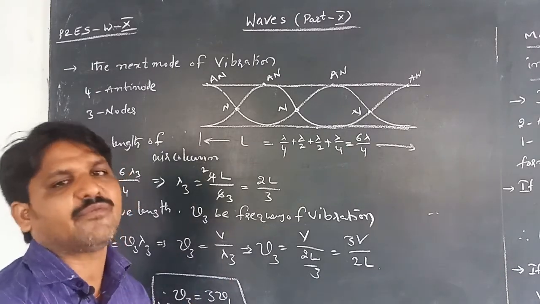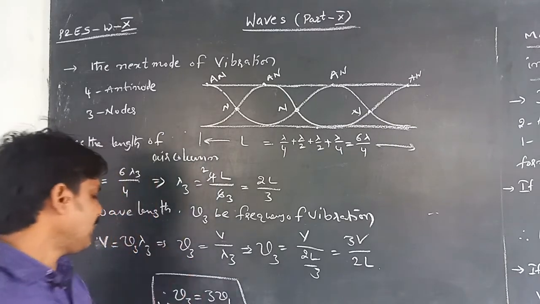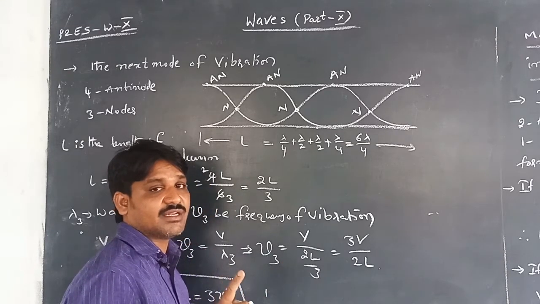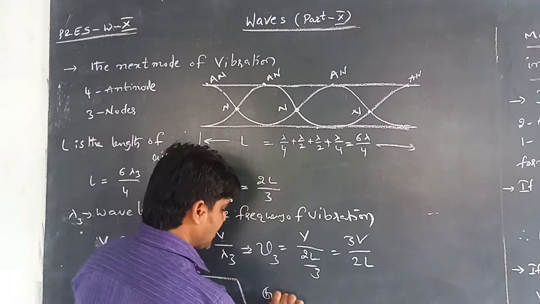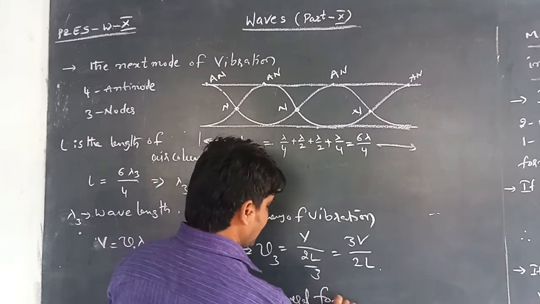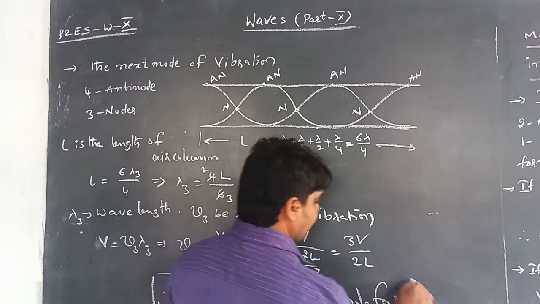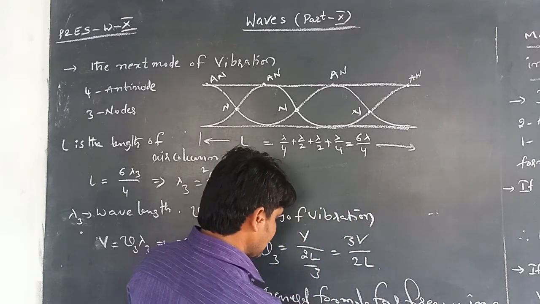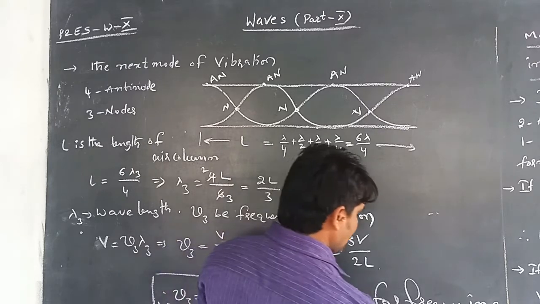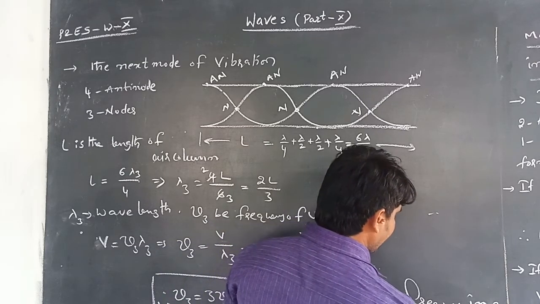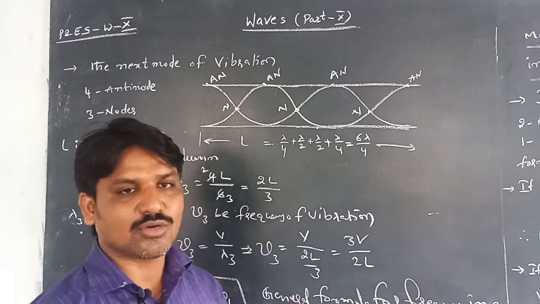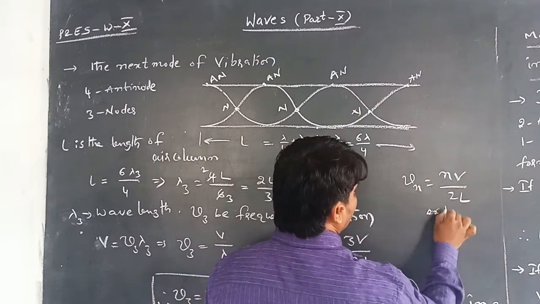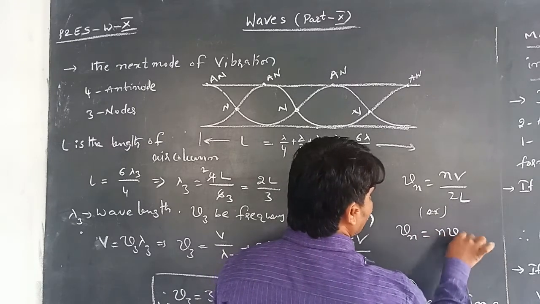If n number of modes are formed in an open pipe, then we can get the general formula for the frequency of air columns in an open pipe: nu n is equal to nV by 2L, or nu n is equal to n nu1.